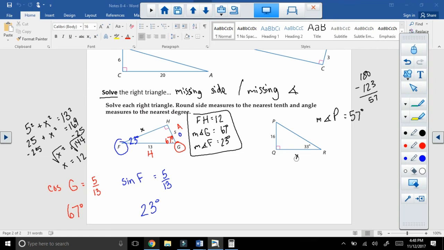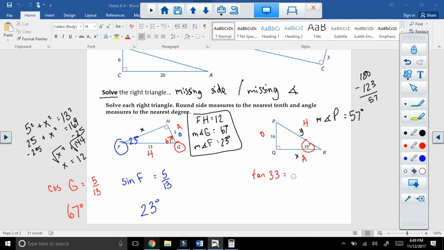And then let's call this one X, and we'll call that one Y. From this angle, we have the hypotenuse, we have the adjacent, and we have the opposite. I'm going to set these up, and then I'll use my calculator to do both at the same time. So if I wanted to find X, I would have the opposite and the adjacent. That's going to be tangent.